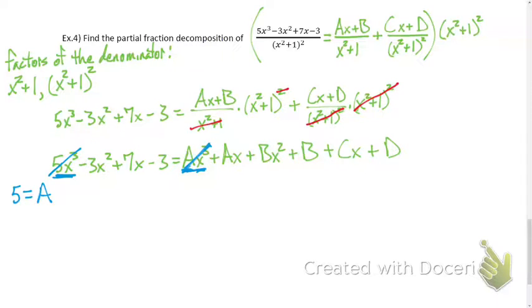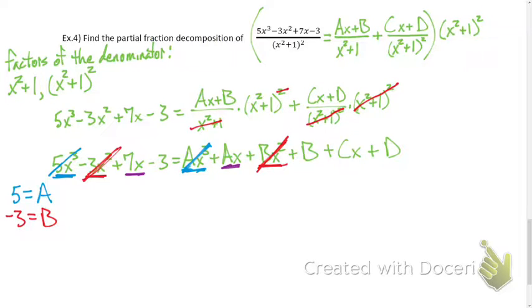I see some x squareds. So there's 1, and there's 1. I know -3 equals B. Also a nice deal. Maybe cross those out so we don't accidentally use those. Next up, we have our x's.